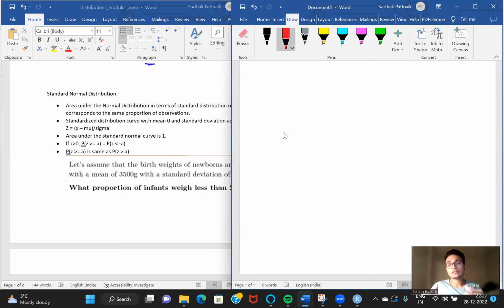Because when I was explaining an example in the previous session, we had to calculate the area, or the proportion of points, beyond a certain given point. Here also, the fundamental properties will be very similar.